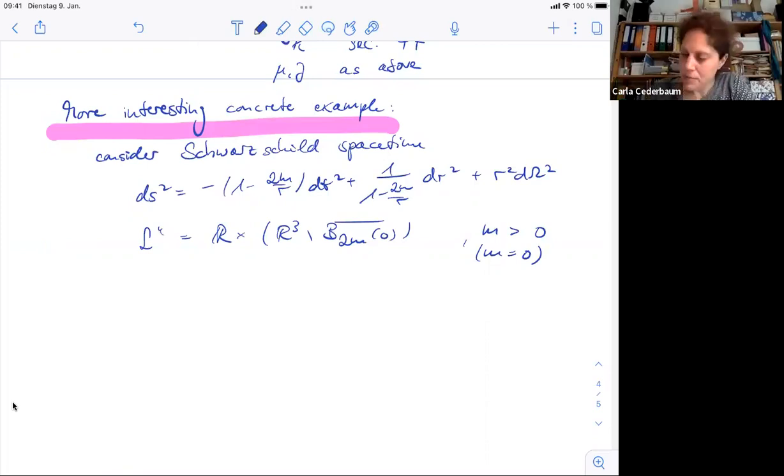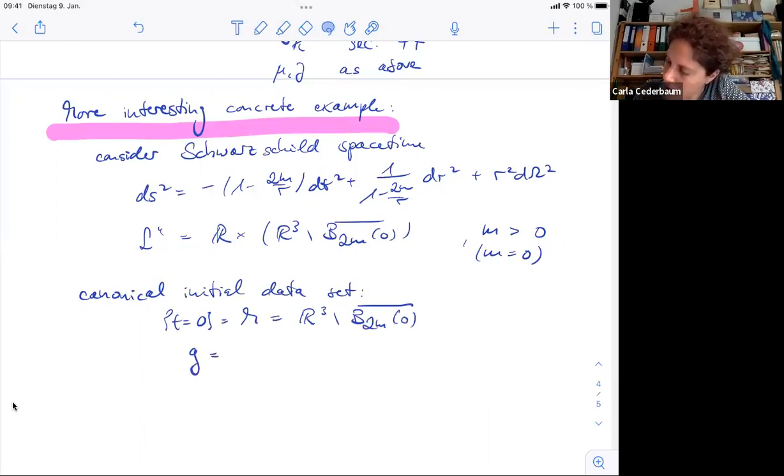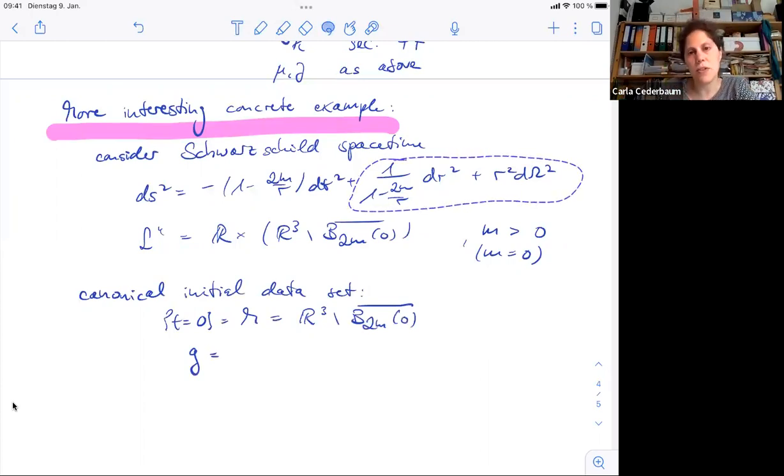Here is my Schwarzschild spacetime, and then the canonical initial data set I just mentioned. And here is the manifold M, which is t equals 0, and we can now compute it. Actually, the exterior of this ball of radius 2m around the origin. That's the manifold of the initial data set. The metric is just this part here of the spacetime metric, which is arising as the t equals 0 induced metric.